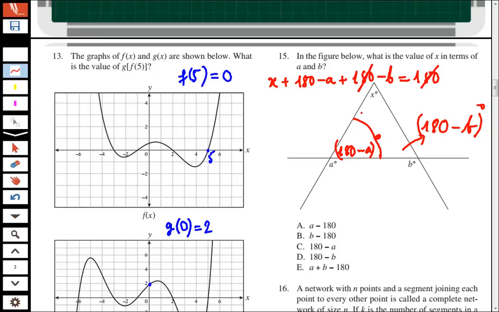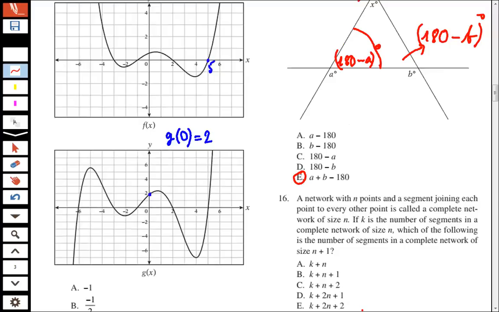Cancel 180, and we have x equals A add B subtract 180. Oh, there are too many options in this section.